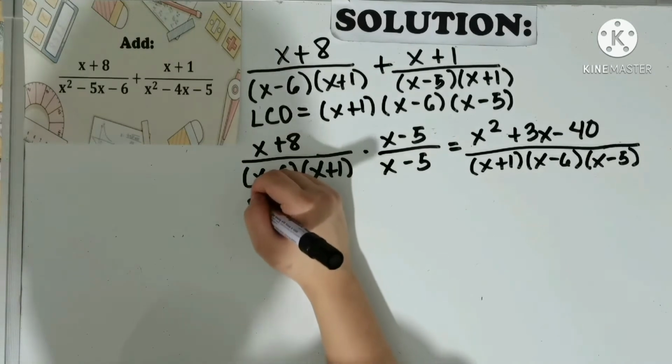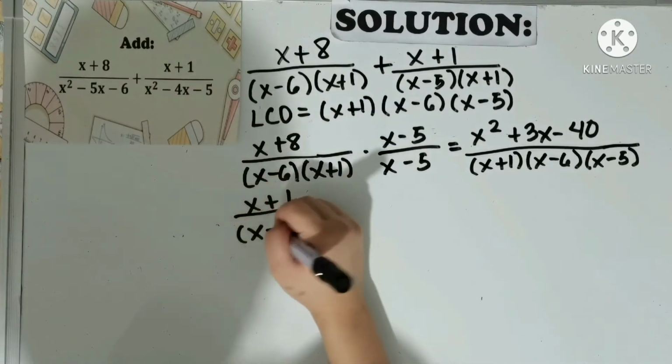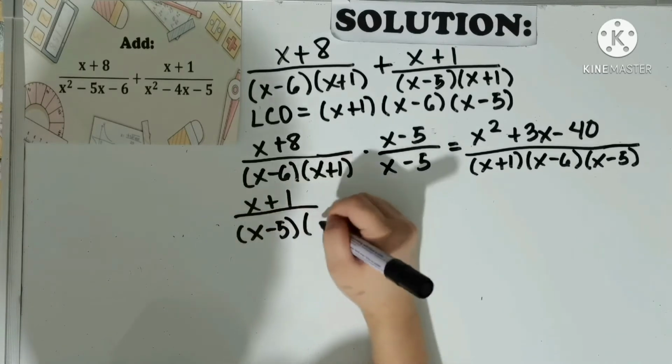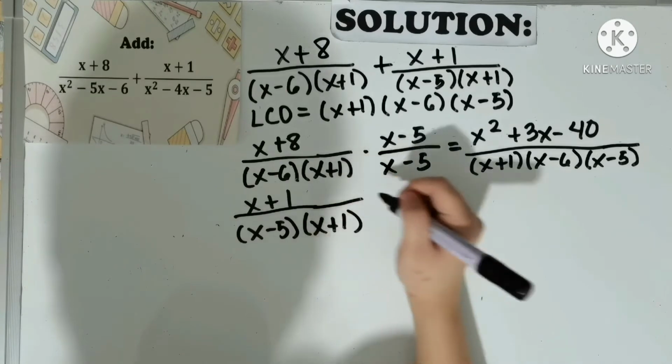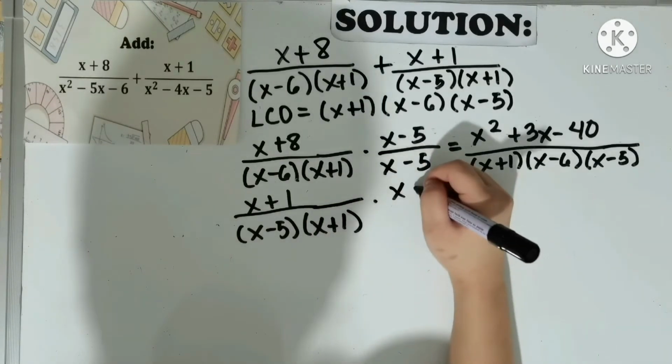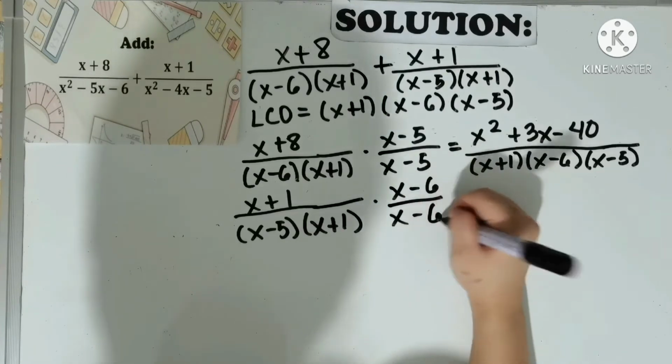And let's multiply x plus 1 over the quantity x minus 5 multiplied by the quantity x plus 1 by x minus 6 over x minus 6.